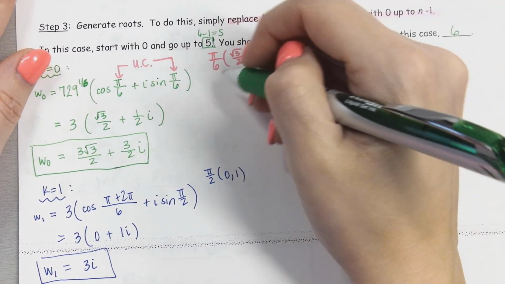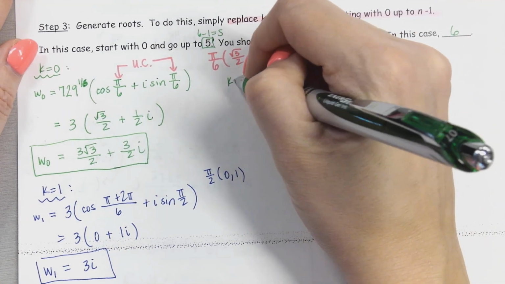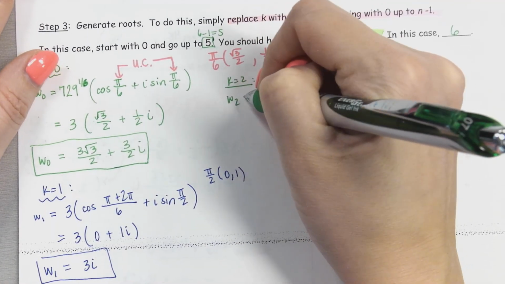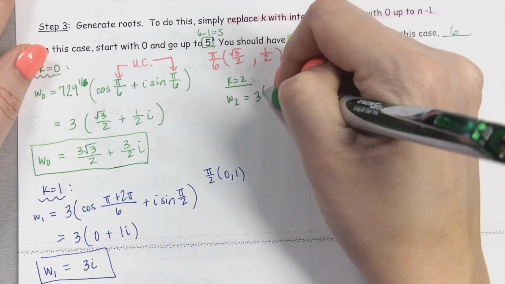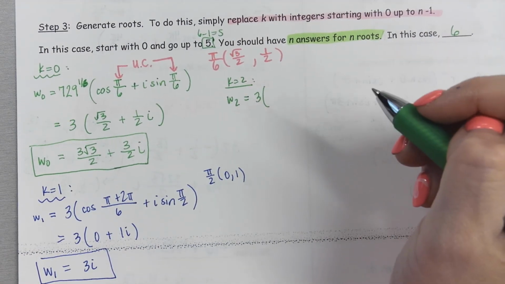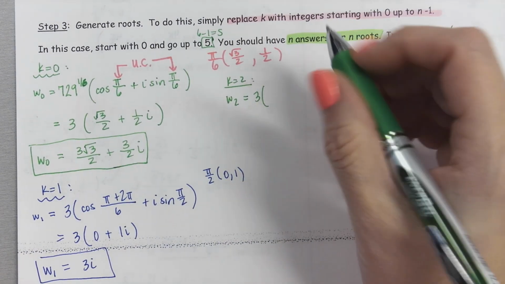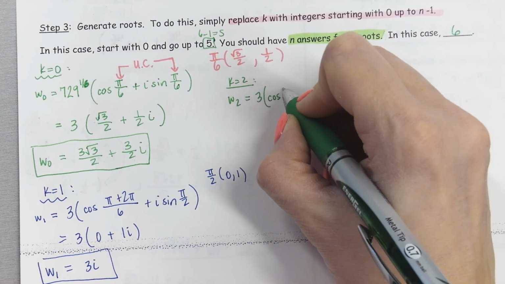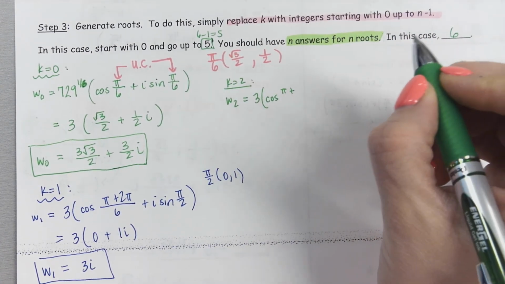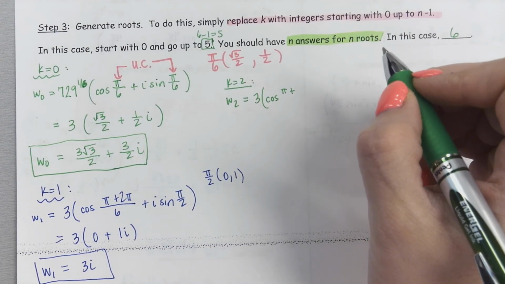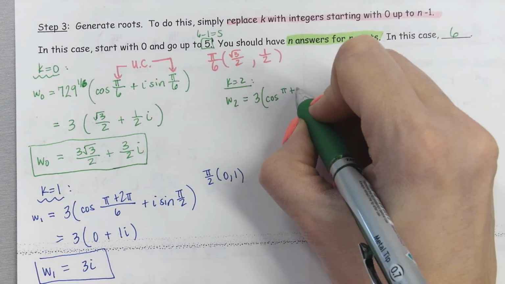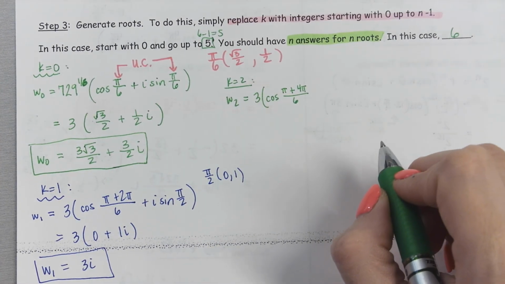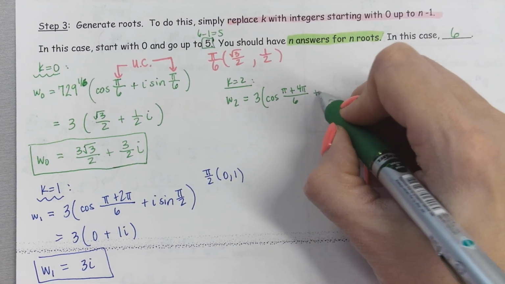Okay, and now we are going to go to k is equal to 2. So we have w sub 2 equals 3. And then when you're doing this over and over again, you're going to start recognizing these patterns. So if you have 2k pi, 2 times 2 is 4, so you'll have 4 pi. Okay, all of them are over 6 for this one.